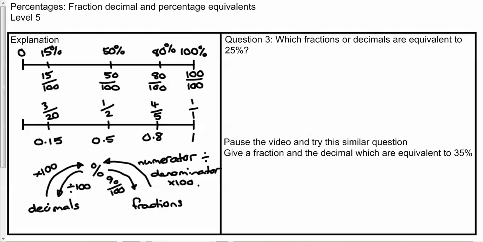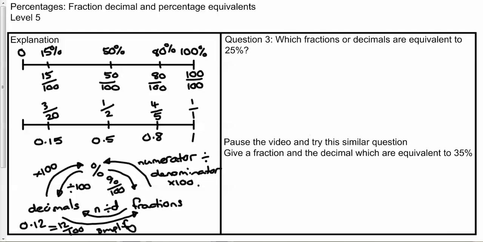Fractions to decimals is just the numerator divided by the denominator. Decimals to fractions, the easiest way to do it is if you've got something like 0.12, well, the 2 is in the hundredths column, so that would be 12 hundredths, and then simplify.